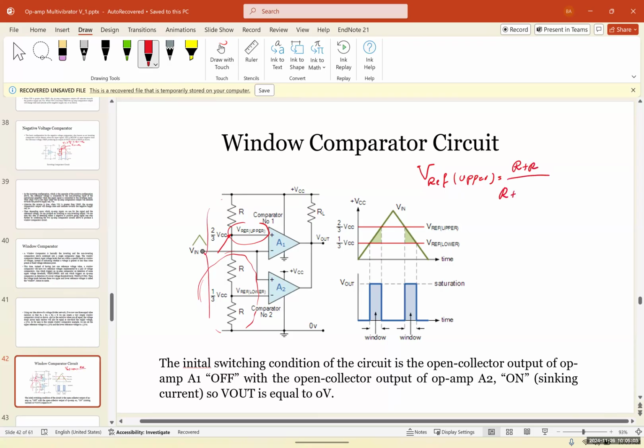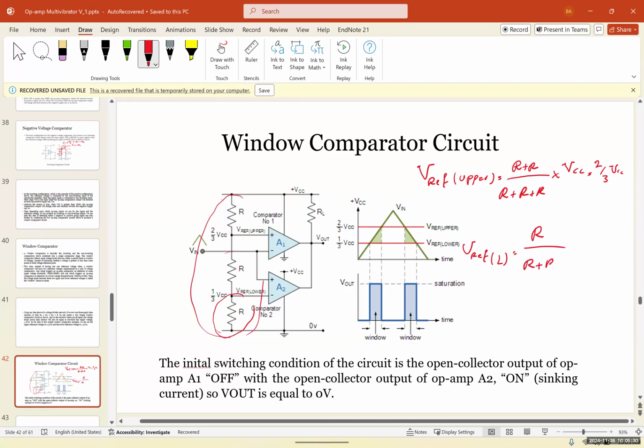So it's going to be over R plus R plus R times VCC, which is going to be equal to 2/3 of VCC. And for the lower reference voltage, V reference for L, or the lower, it's going to be this over all these 3. So it's going to be R over R plus R plus R, which is going to be 1/3 of VCC.